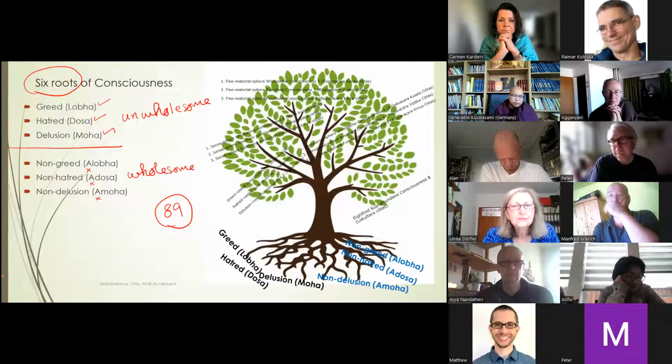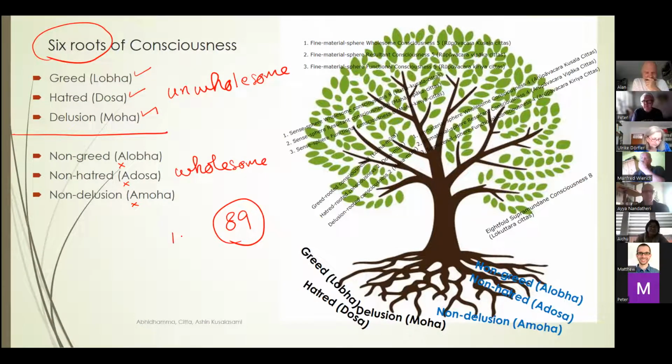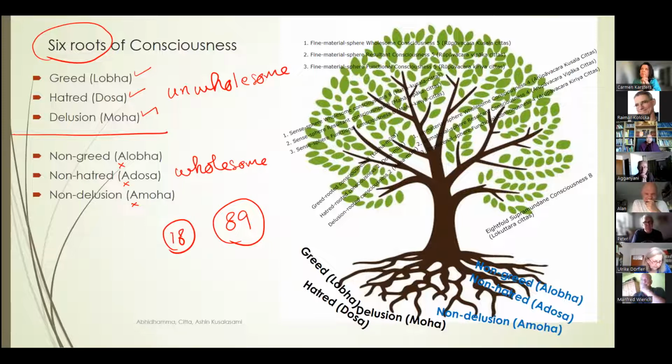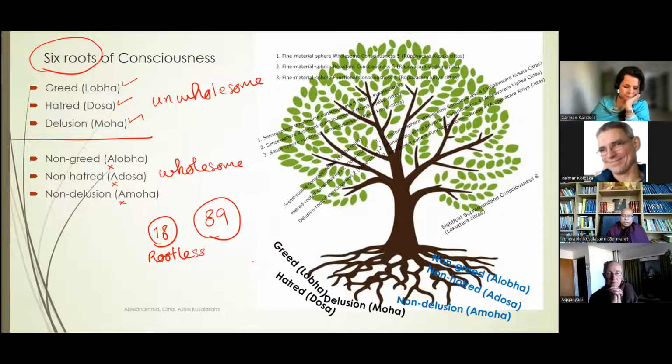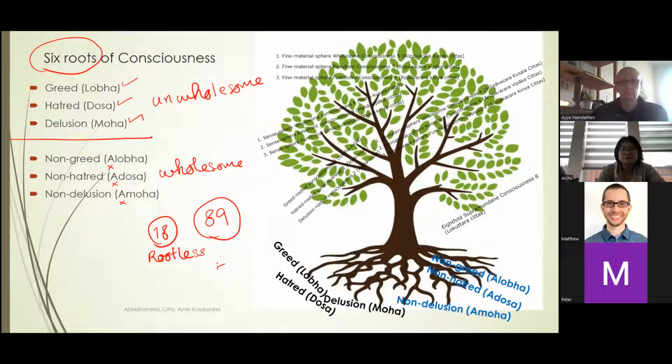Out of these 89, only 18 consciousness are rootless. And the other 71 cetas are accompanied with these 6 roots.